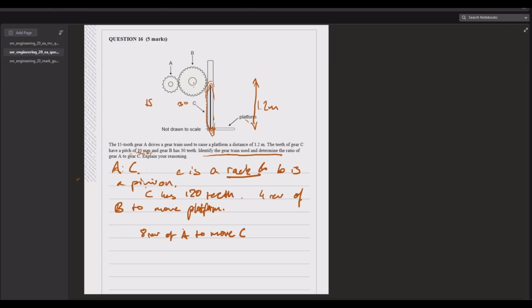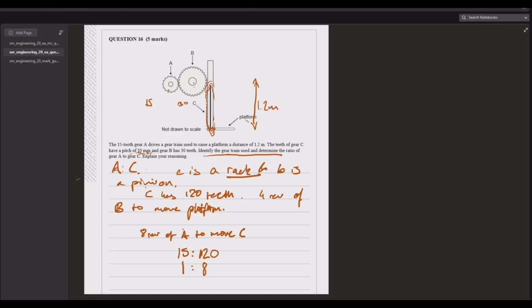And I don't understand. They have this sentence at the end of their explanation. They say, therefore, the gear ratio of gear A to gear C is 1 to 150 millimeters. Where do you get the millimeters of A from? We're not given that. If it takes 8 revolutions of A to move C, that's 15 to 120 teeth, which is going to just reduce down to 1 to 8.